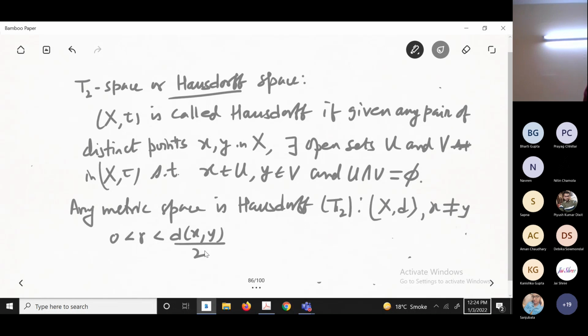Choose r = d(x,y)/2; actually any smaller r will work, but I'm just taking half. Then you can check that B(x,r) and B(y,r), open balls in a metric space, are open sets, and their intersection is empty. So any metric space is Hausdorff. On the other hand, in the cofinite topology on an infinite set, any two non-empty open sets must intersect.